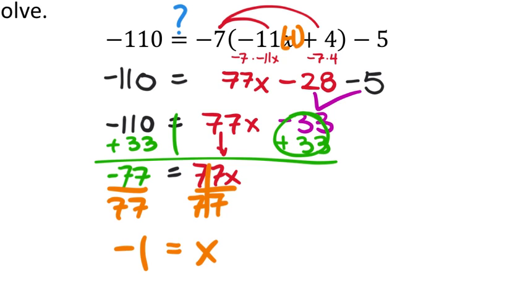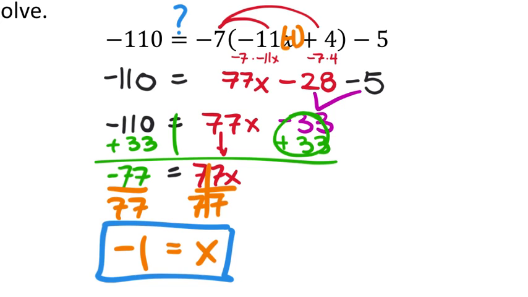And again, when I push enter on the calculator, I should expect to see negative 110. If I see something else, then I will know that I made a mistake somewhere in the work there. But I push enter, and I see negative 110, which means that x equals negative 1 is the only true solution for this particular equation.